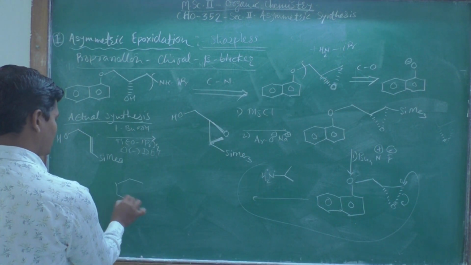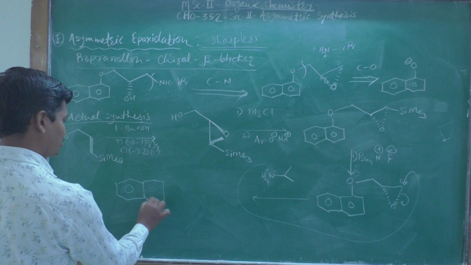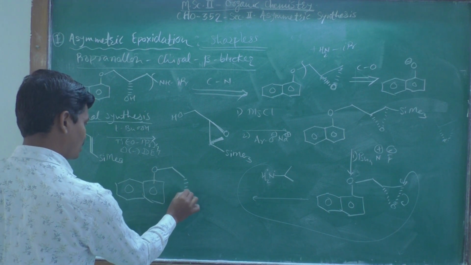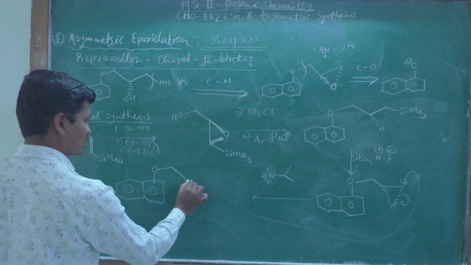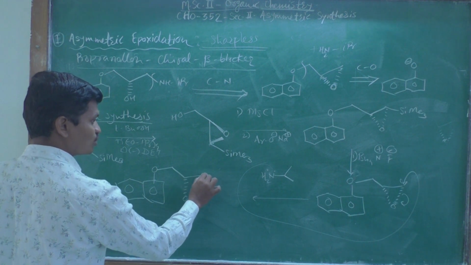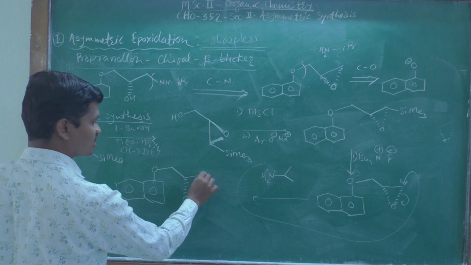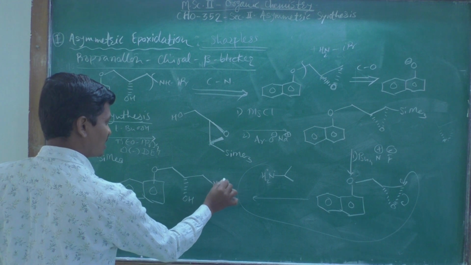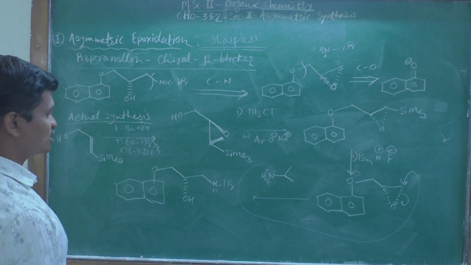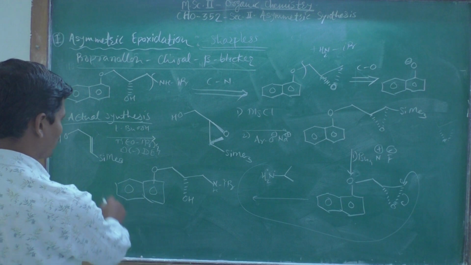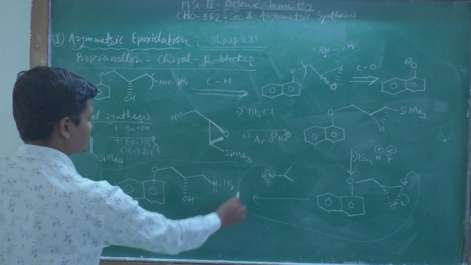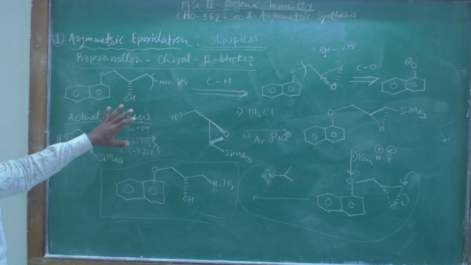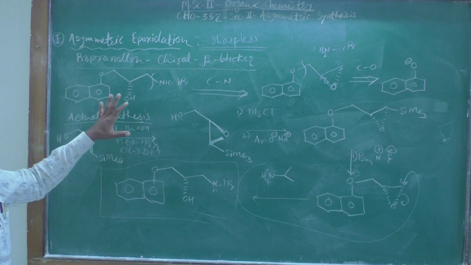We get this naphthyl ring, oxygen, CH2, hydroxy is alpha, then CH2, and this methylene group is attached to nitrogen, which is NH isopropyl. So this is our target molecule that we have prepared. This is the structure of propranolol, prepared by Sharpless using his own strategy, Sharpless asymmetric epoxidation.